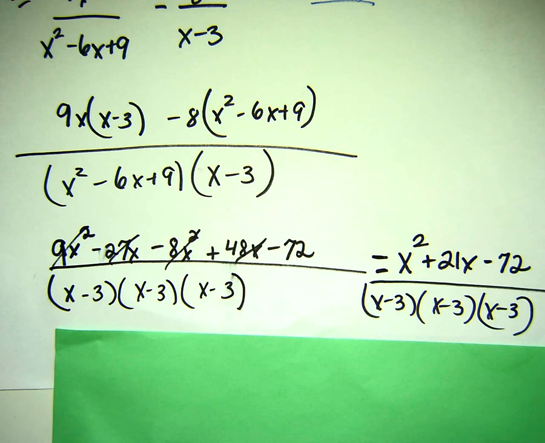Now here's where it gets slightly confusing. This one right here, we rewrote and brought it down right there. There it is. But look at this part. We can factor this. We know that 9 is a perfect square, so the square root of 9 is 3. And that's the 3 right here.